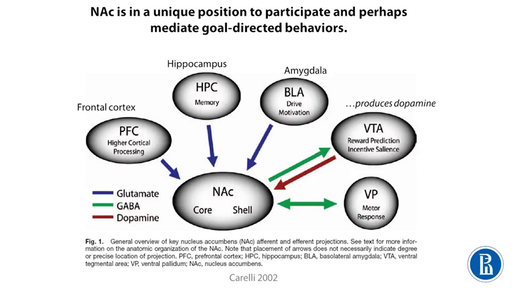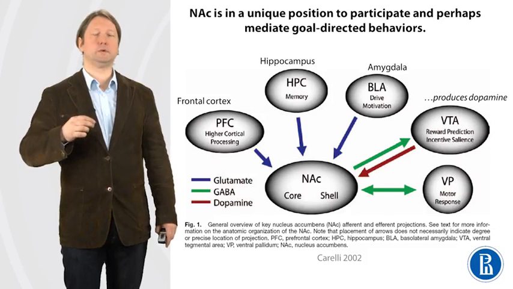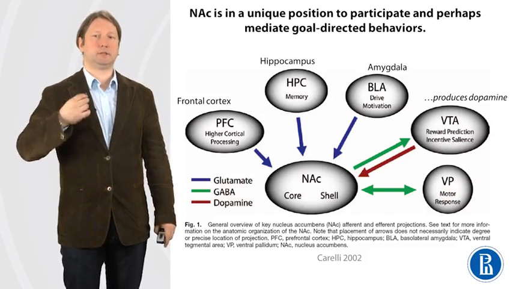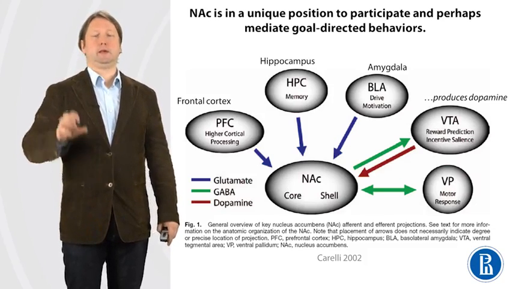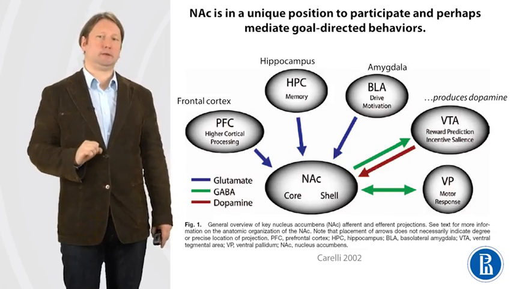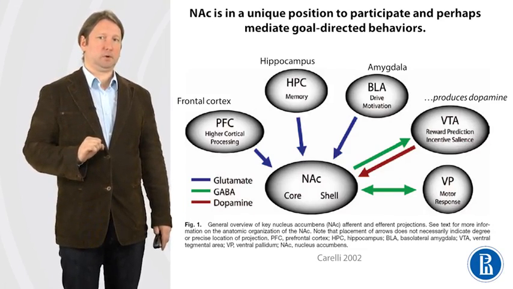It has inputs from the dopamine system, so it gets dopamine, the most critical neuromediator for the valuation process. And the nucleus accumbens interacts with other regions of the striatum involved in motor programming. So overall, the nucleus accumbens is in a very nice strategic position in the brain to be a central computer processing and estimating values during the decision-making process.